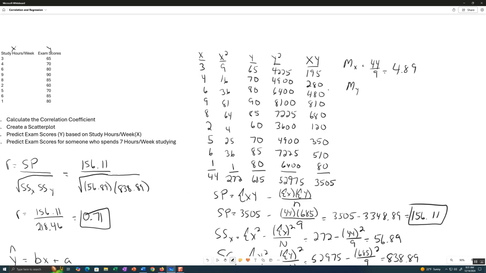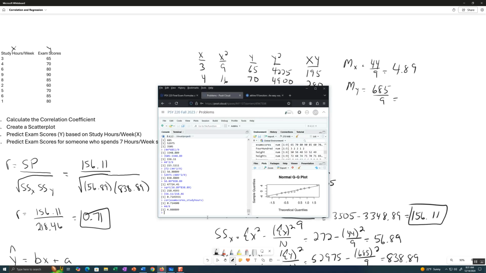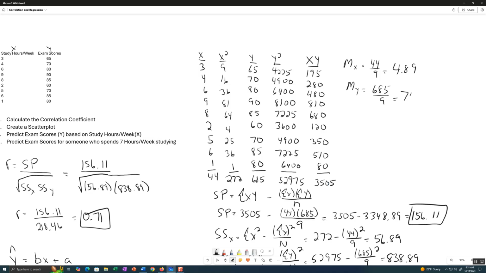And then the mean of y is simply 685 over 9, which is 76.11. So now that I have those, I can plug in here.